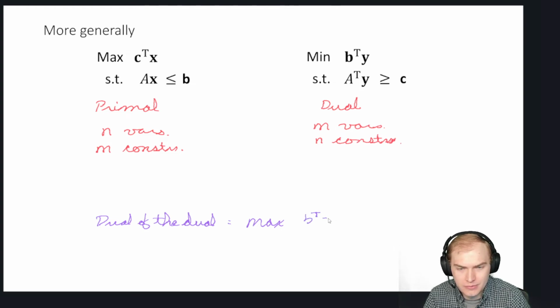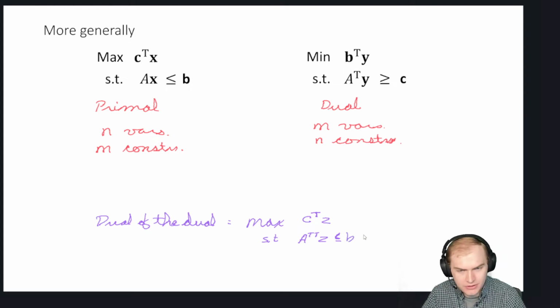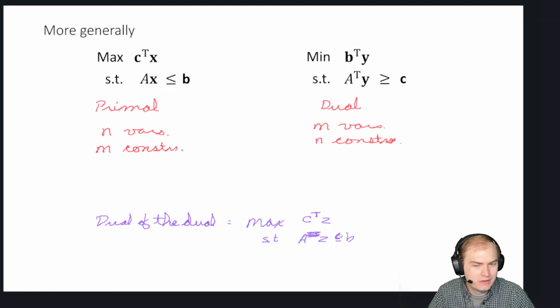We're going to have some new variable, Z, such that C transpose Z is less than or equal to B. Wait, I forgot to, C transpose Z less than or equal to B. Transpose transpose disappears, and Z will have the same dimension as X.